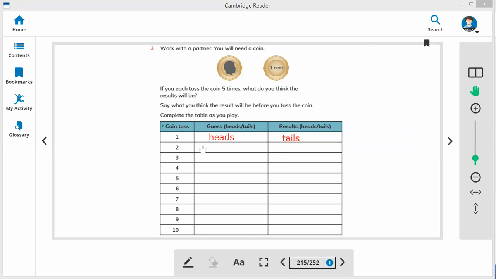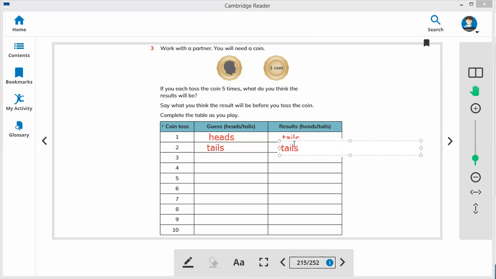Okay, let me throw the coin again in the air and catch it. First I will make a guess. I will say it's tails. And when I throw it into the air and catch the coin, it turns tails.